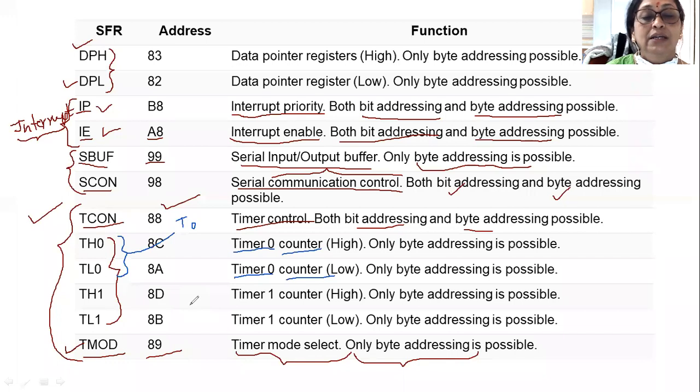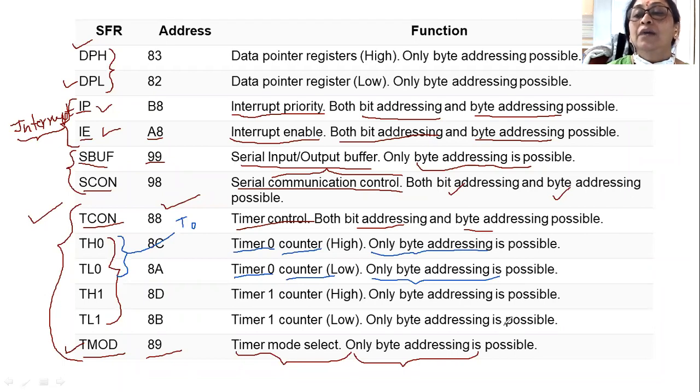So higher order byte for timer 0, lower order byte for timer 0. As you can observe, these registers are only byte addressable. They are not bit addressable. You have to store the count in TH0 or TL0 to set up a particular delay.